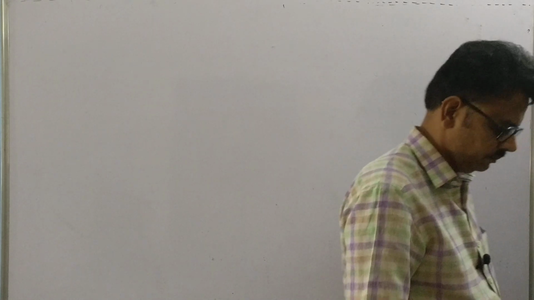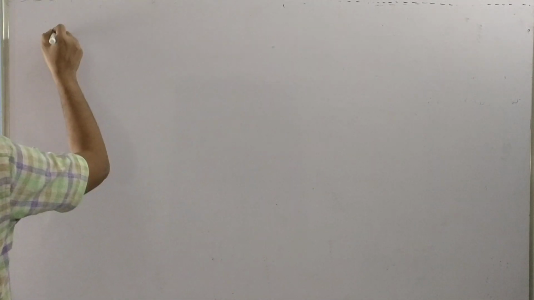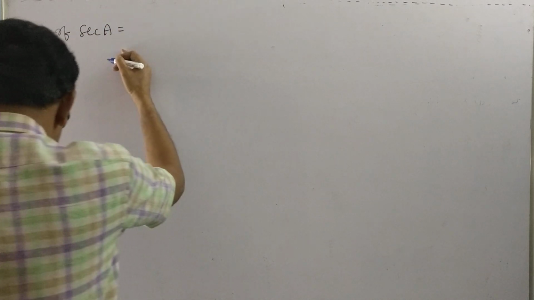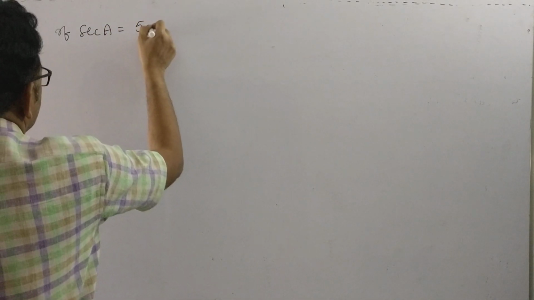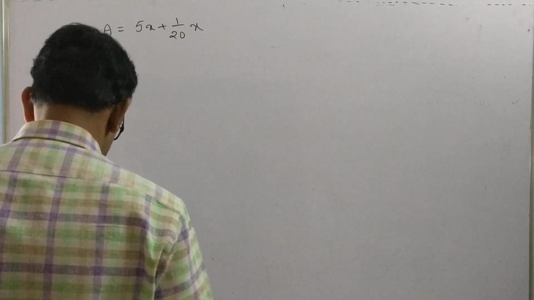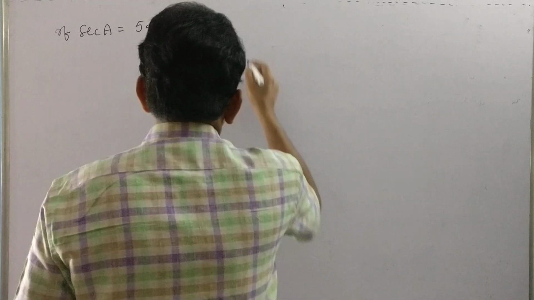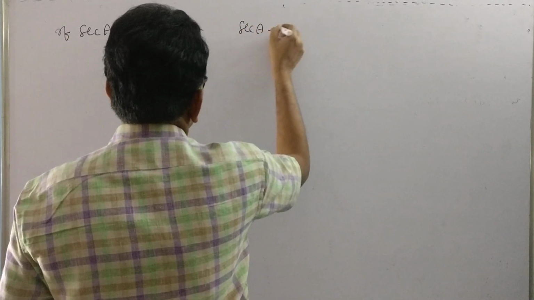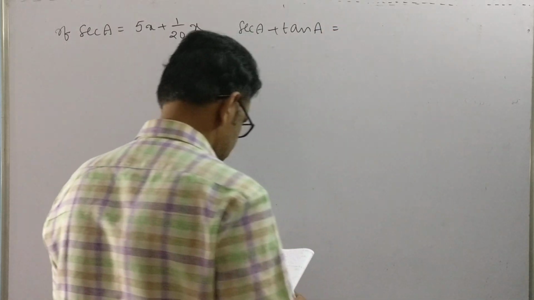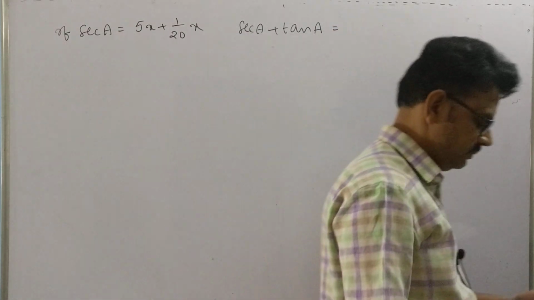Next one. If secant A is equal to 5x plus 1 by 20x, then secant A plus tan A is equal to what?